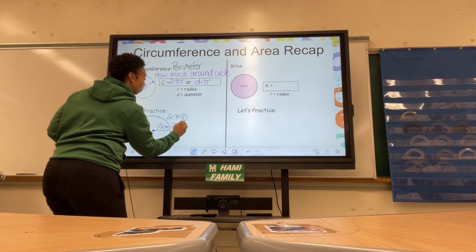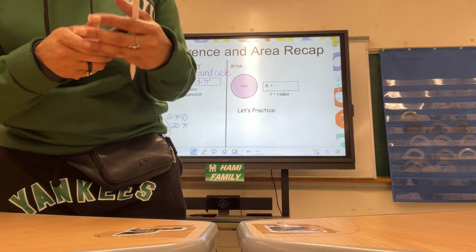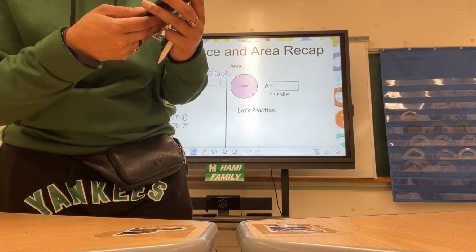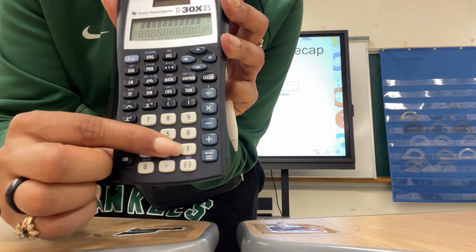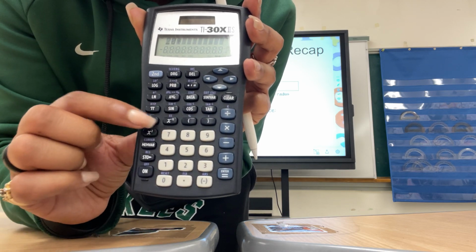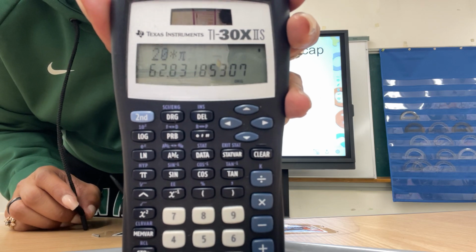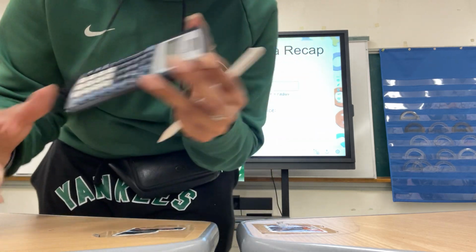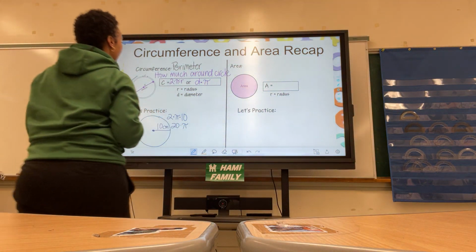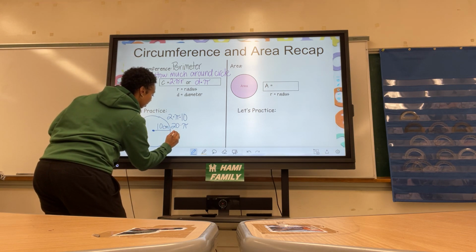And 20 times pi, I'm going to punch that in my calculator here. We end up getting 62.83. For this, we're just going to round to the nearest tenth. So let's say that's going to be 62.8.